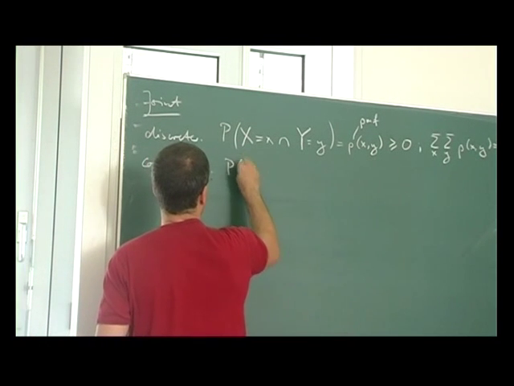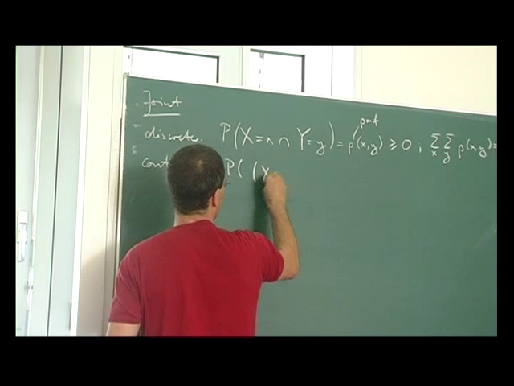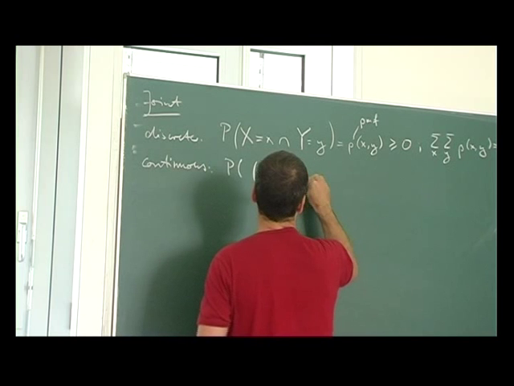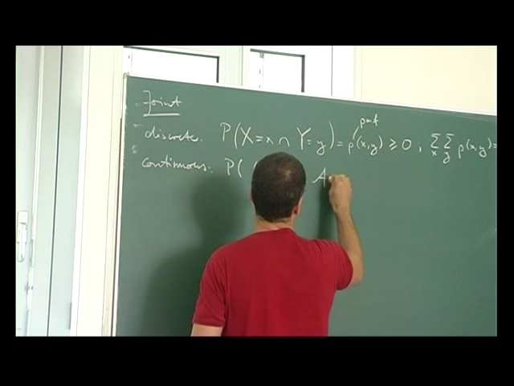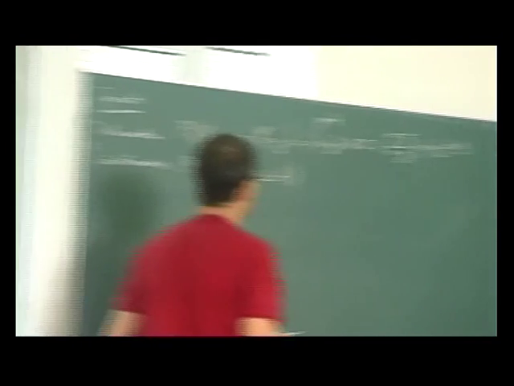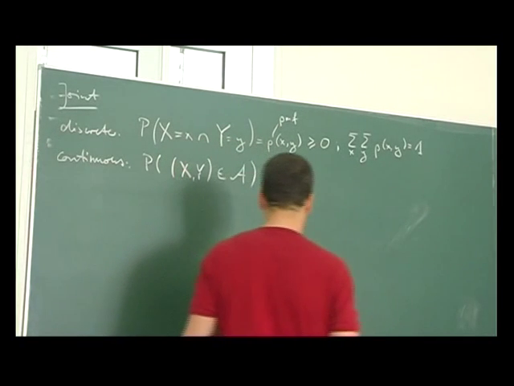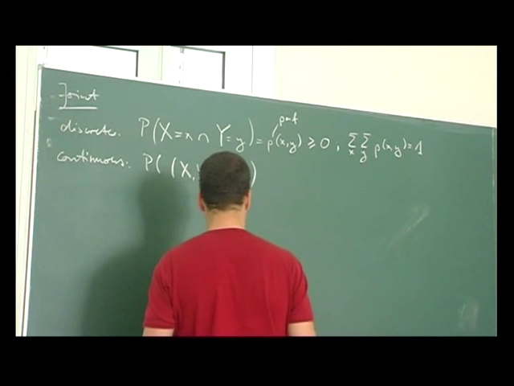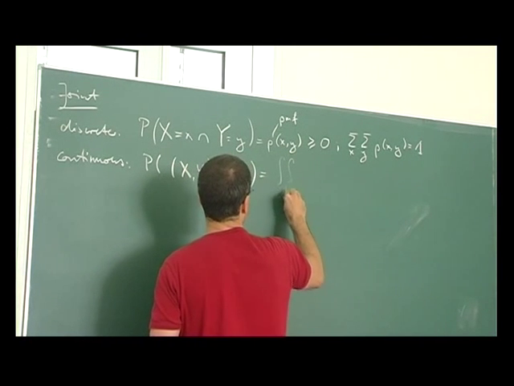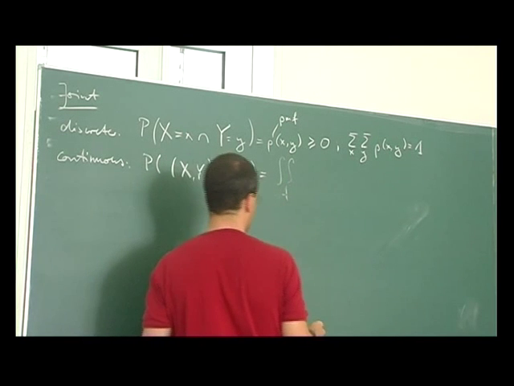In the continuous case, we have that the probability of a tuple xy of random variables lying in some subset of the range is the integral over the same subset.